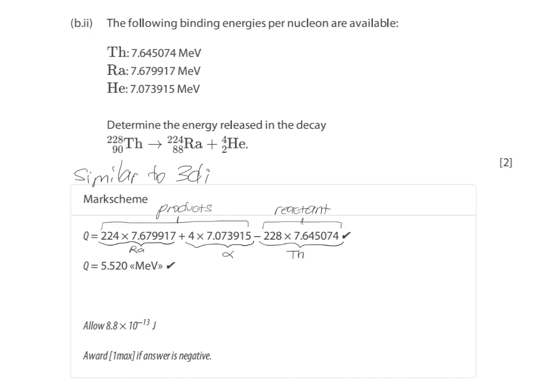Breaking this down, we can see the 224 for the radium plus the 4 nucleons for the alpha particle. Those are the products from the reaction, and the reactant from the decay, if you want to call it that, for the thorium, you subtract that out. And so the difference between the two sides winds up being 5.520 mega electron volts, which is fine.